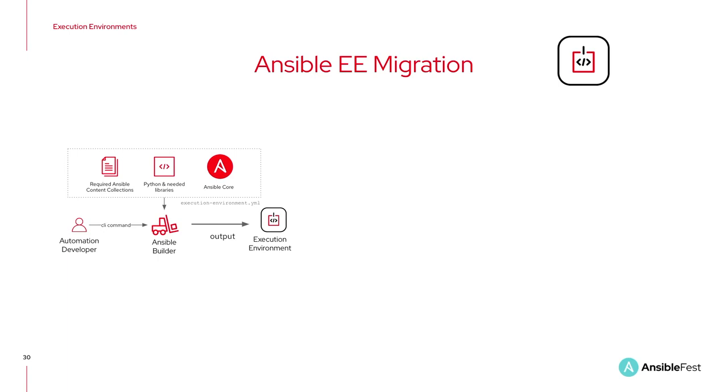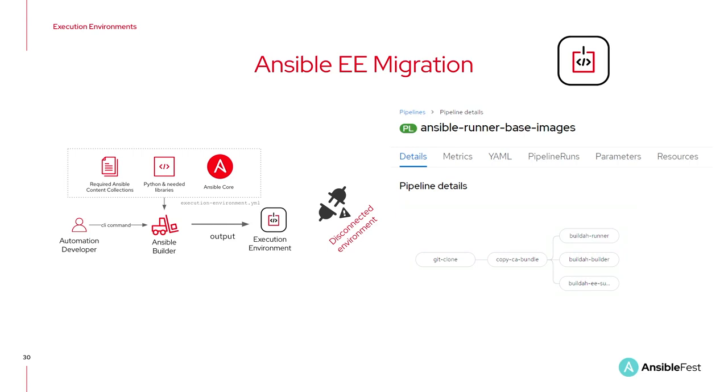But the challenge here, especially for SIX, was that we are working in a disconnected environment. We don't want to fetch things from Ansible Galaxy or from the internet. So we created a pipeline, and we are recreating the Ansible Runner, the Ansible Builder and the EE, and we are putting all the links to this internet-based access via our different proxies.